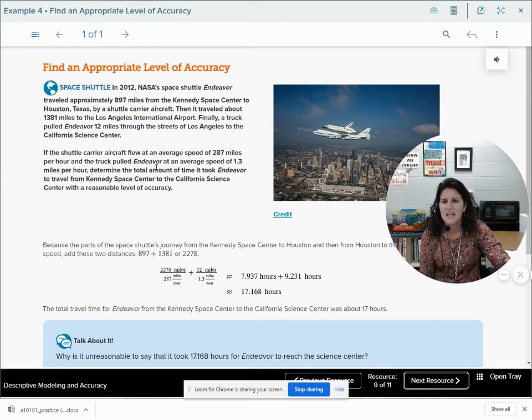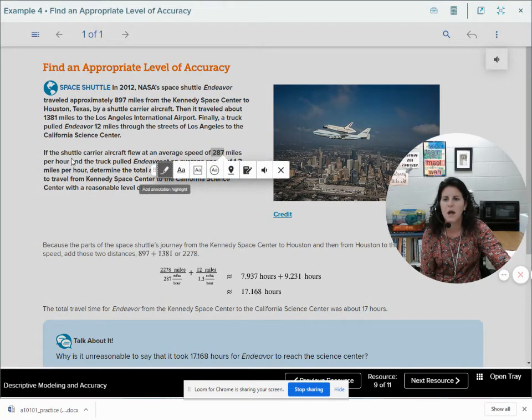If we look here, it says that the shuttle carrier aircraft flew at an average speed of 287 miles per hour. So we're trying to find out how long it took to get there.